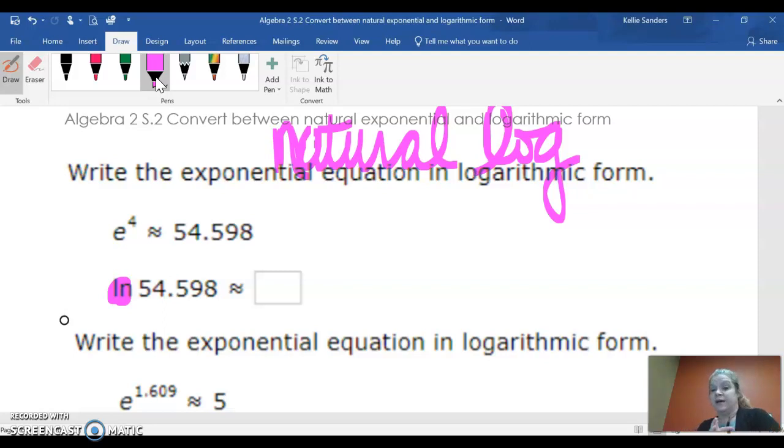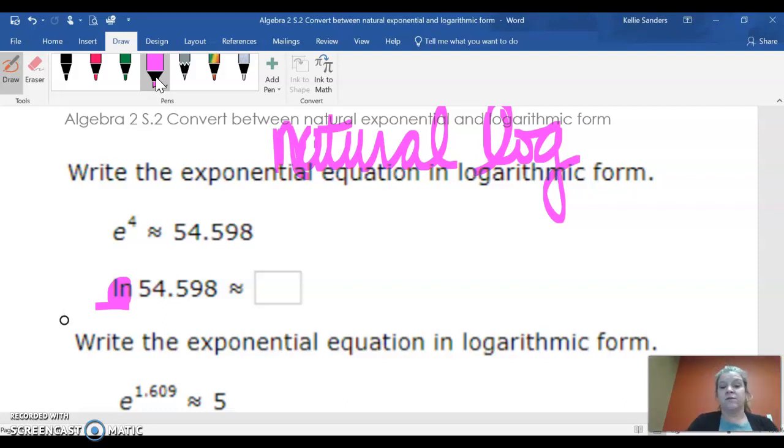NL. But it's Latin for, or if you say it in Latin form, it's logarithmus naturale. And so logarithmus naturale, L and N. This is not a 1 and it's not an I. It is a lowercase l.